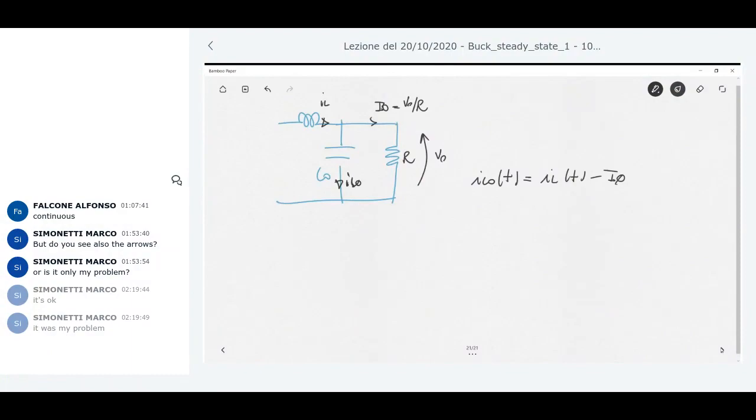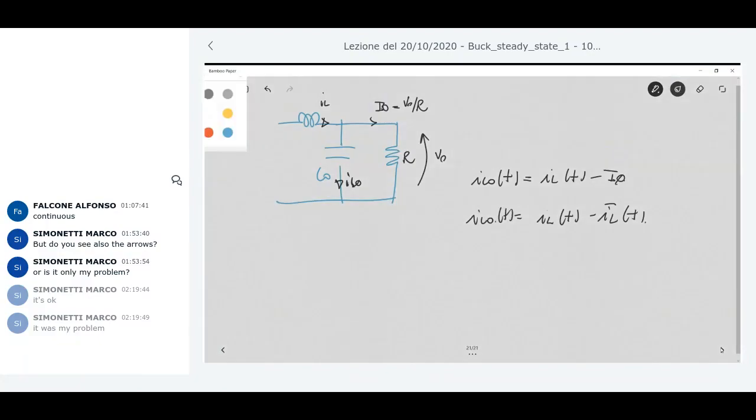But I naught is the average value of the inductor current. So the current flowing through the output capacitance can be derived simply by looking at the inductor current.